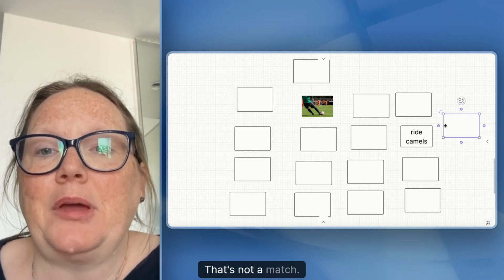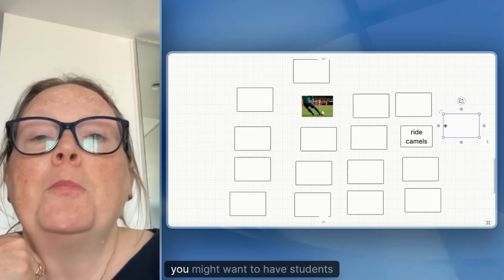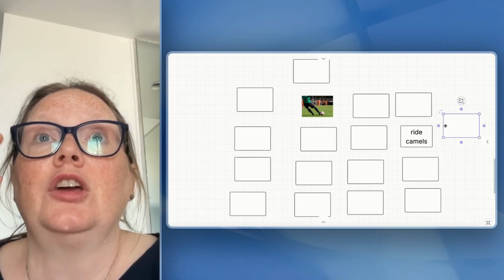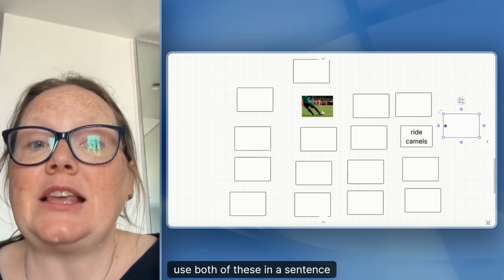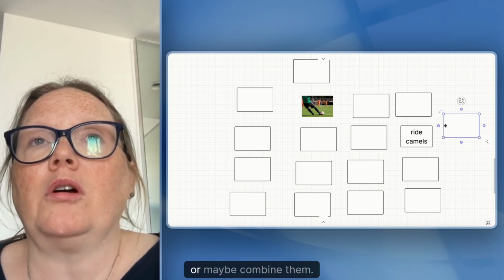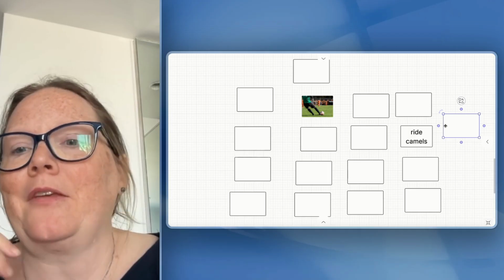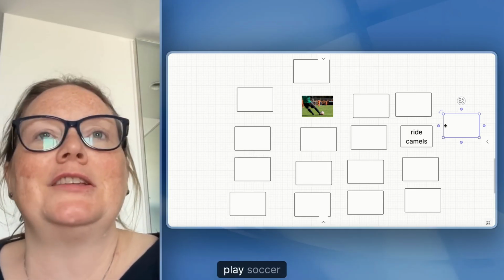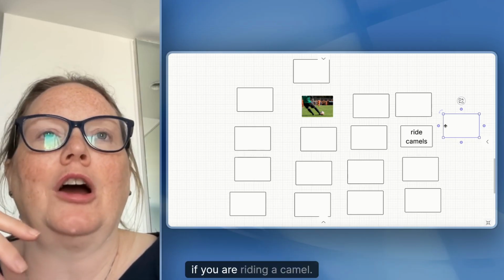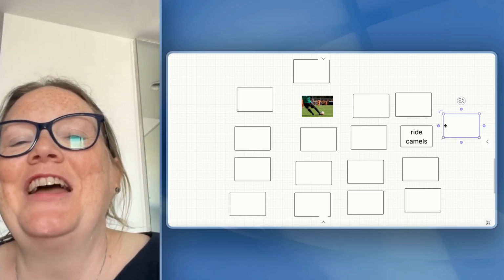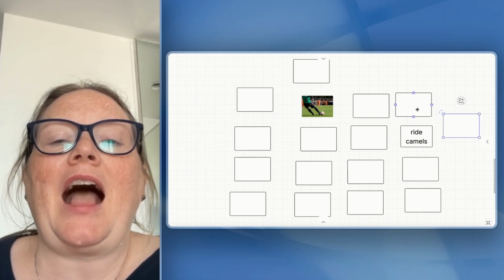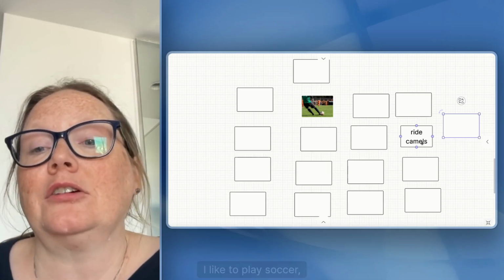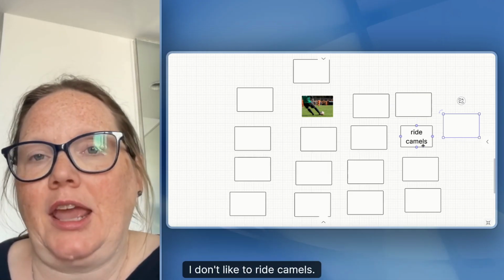That's not a match. Now you might want to have students use both of these in a sentence, or maybe combine them. So it is difficult to play soccer if you are riding a camel. Or it just might be, I like to play soccer, I don't like to ride camels.